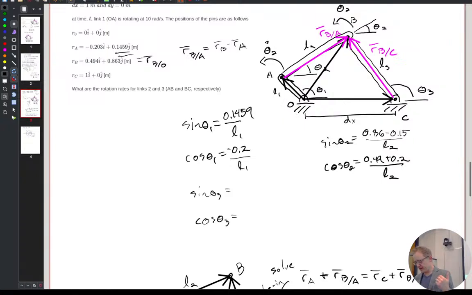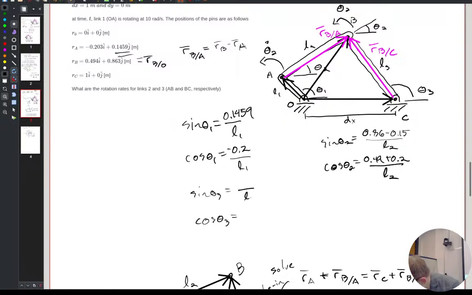we're doing some trig based on just the position of A to O, that vector. We know that sine theta 1 is the x component of where A was over the length of L1, where that thing is. And then same thing with the y component. We could say 0.15 is that sine component there. What about for theta 3? What are the opposite and adjacent components there?